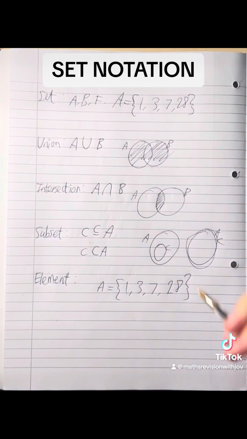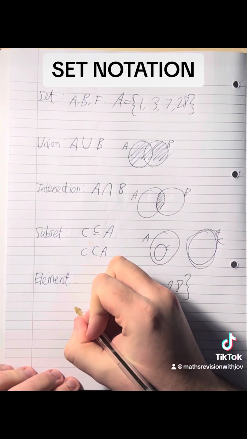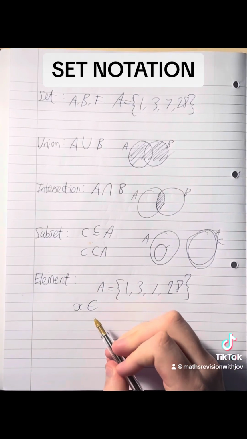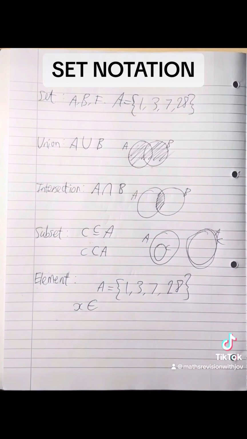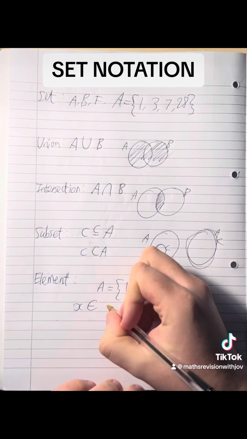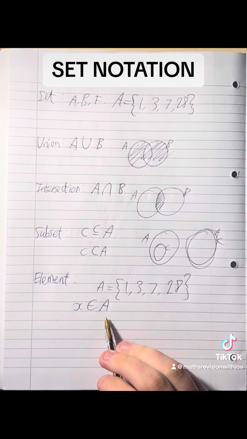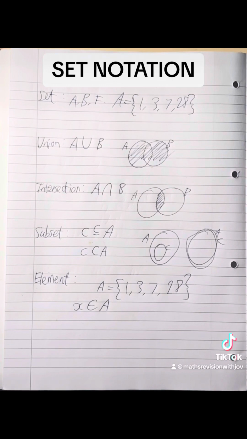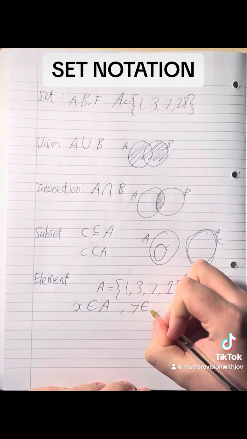And I want to say that something is an element of A, then I say that some element X is an element, with this little symbol, it's like a C with a line in the middle, kind of like an E, if you like, E for element. That's the way I like to think of it, and that's in A. So X is an element of A, and in this case, the X's are just 1, 3, 7, and 28. So we could say, for example, 7 is an element of A.